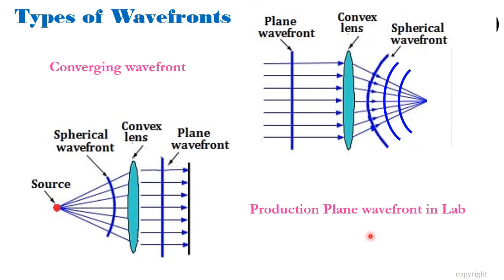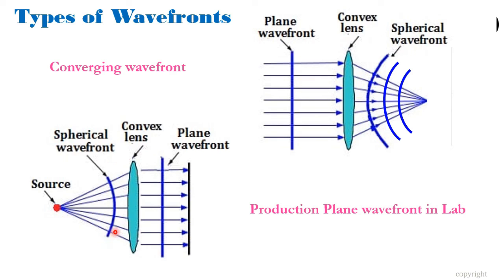Plane wavefront we can produce in the lab by using again a convex lens. But here you have to keep in mind that your source of light should be at the focus of the convex lens. When it is placed at the focus of the convex lens, since this is a source, its nearby wavefront is spherical wavefront.